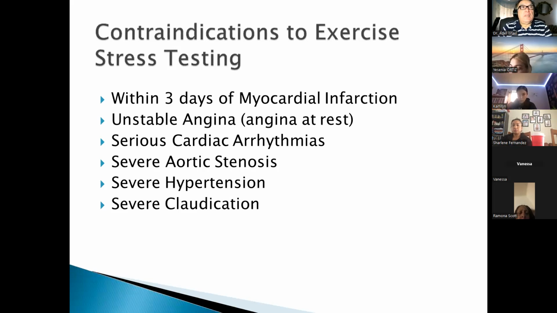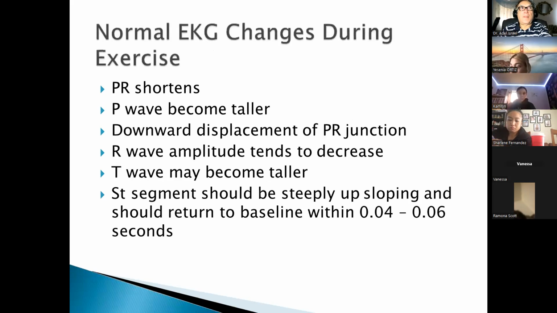Stable angina means that every time we have stress, it will show up. Serious cardiac arrhythmia, severe aortic stenosis, severe hypertension, severe claudication. All of these will not give me a chance to do exercise stress testing.